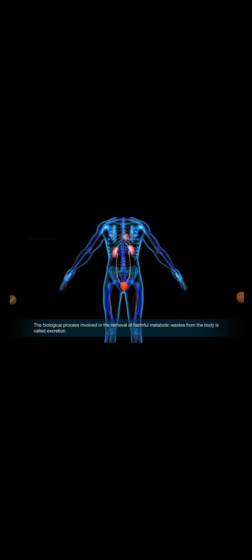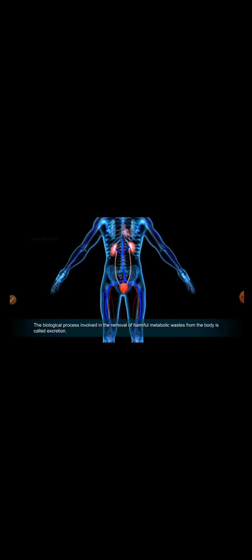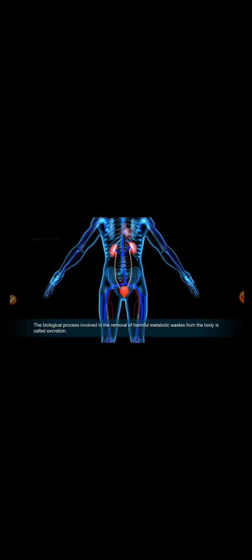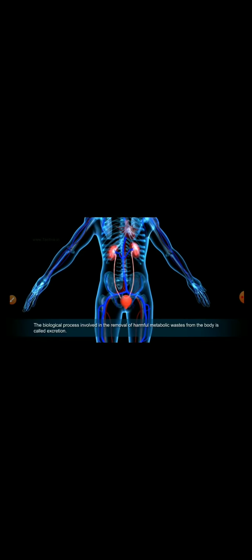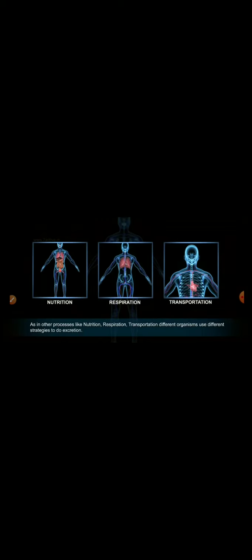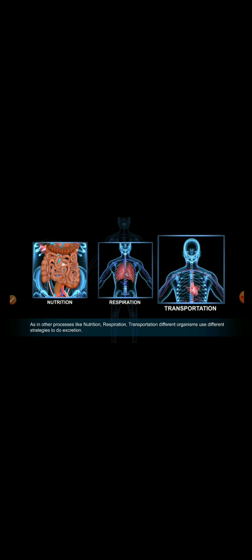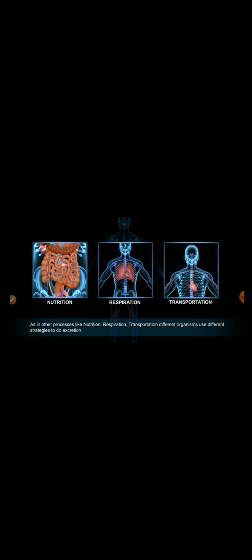Excretion. The biological process involved in the removal of harmful metabolic wastes from the body is called excretion. As in other processes like nutrition, respiration, and transportation, different organisms use different strategies to do excretion.